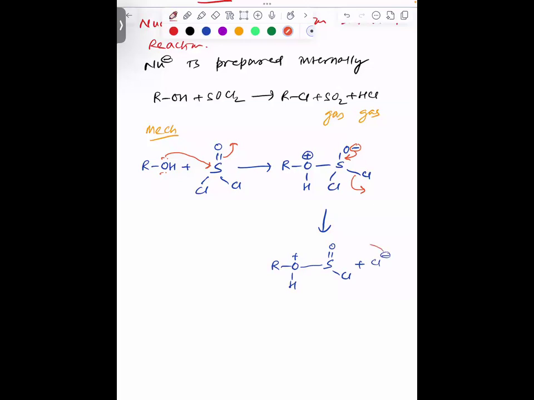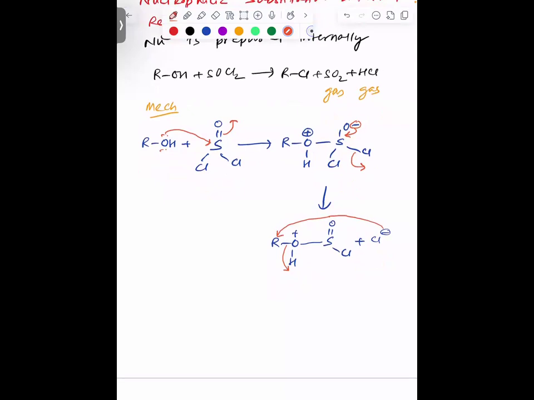Next, the leaving group Cl minus will attack the alkyl group, and as the alkyl group is attacked, this will be released. So we write RCl plus. Okay, this one is clear.